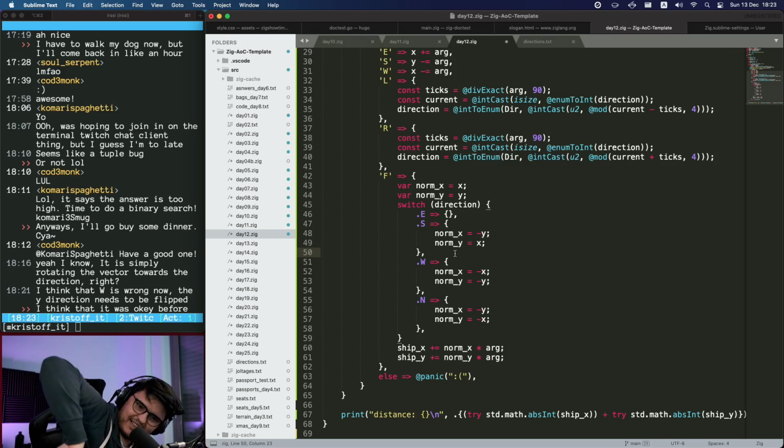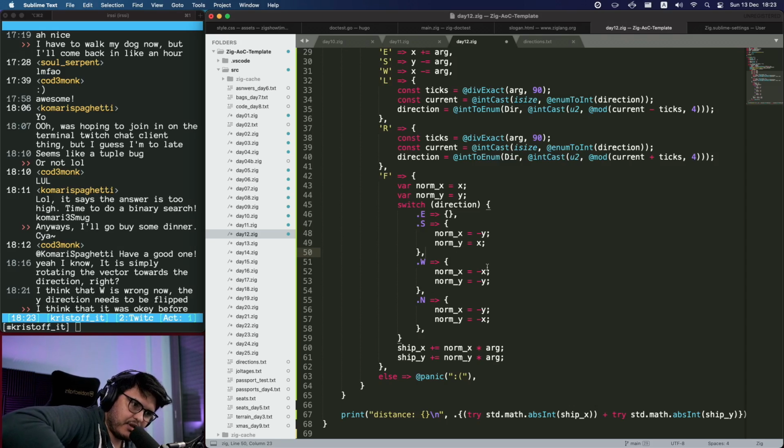West means, oh god. West means that everything gets negated. Yes. You keep everything but the signs flip. North means that x, y.